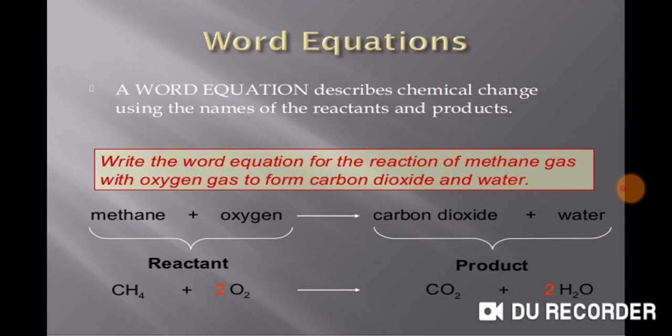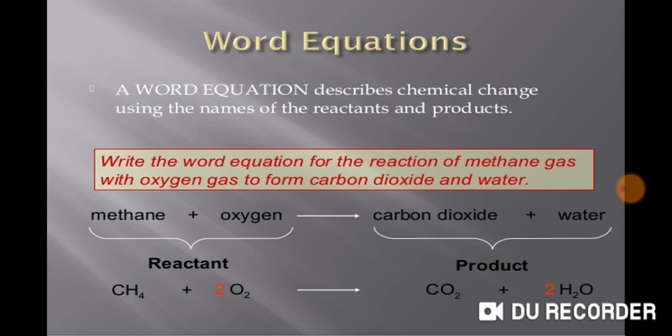And chemically, how we write it: the formula of methane in chemistry is CH4, having one carbon and 4 hydrogen atoms, whereas the formula of oxygen is O2, having 2 oxygen atoms bound together to form an oxygen gas molecule, that results in carbon dioxide.